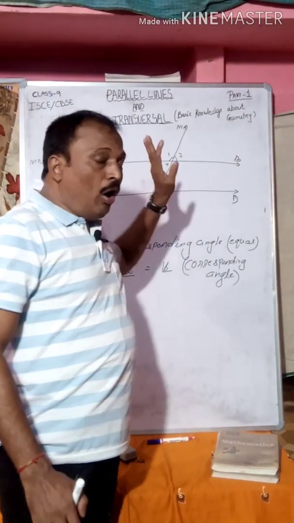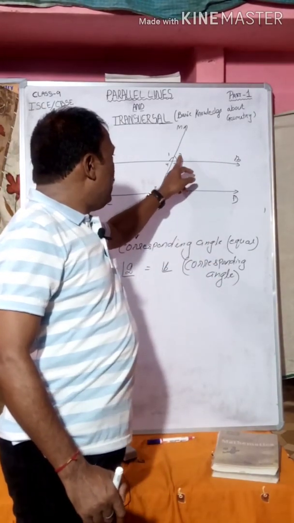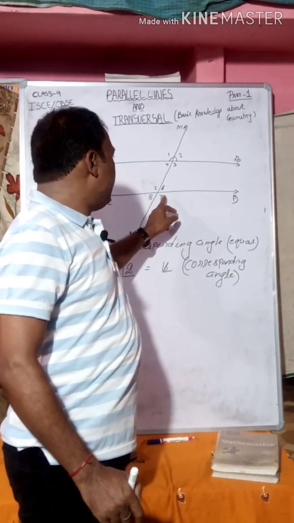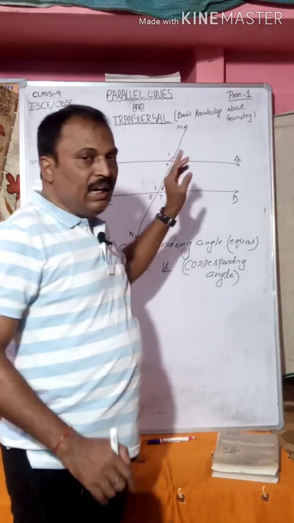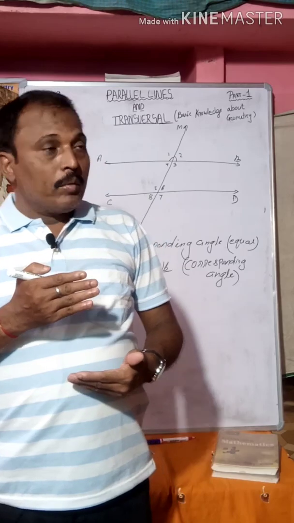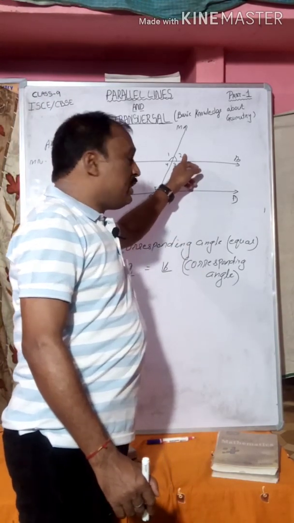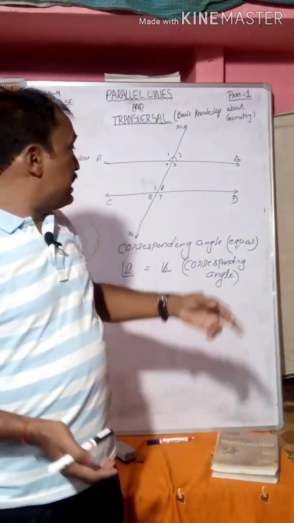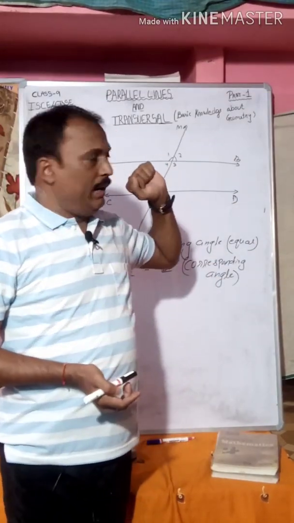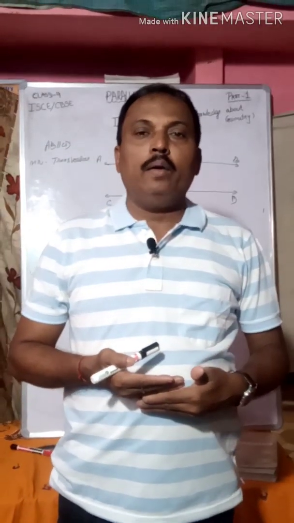They are not adjacent. The adjacent of 2 is 3, the adjacent of 6 is 7, but 2 and 6 are not adjacent angles. Another point, 2 is the exterior angle, 6 is the interior angle. So the two angles are corresponding to each other.